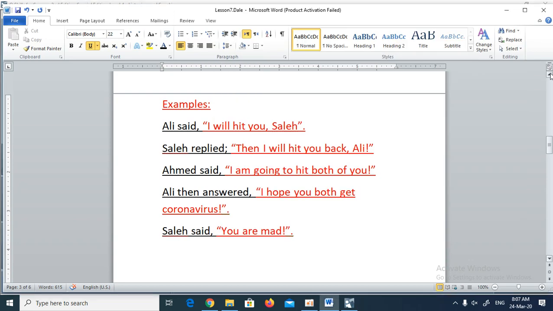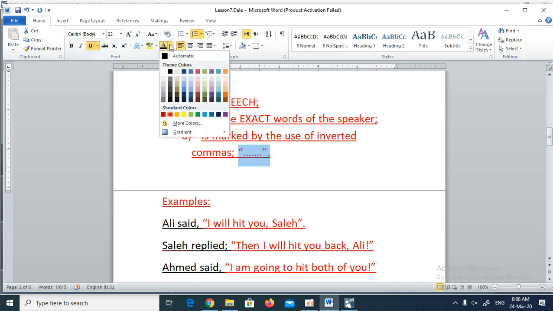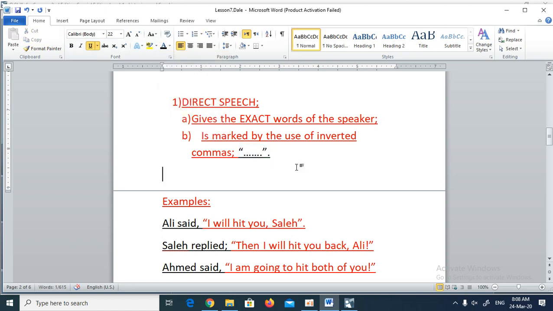Now, remember that very important point. When we use direct speech, it gives the exact words of the speaker, and it is marked by those two very important punctuation marks, the inverted comma that opens the direct speech, and then the second inverted comma at the end of the direct speech.